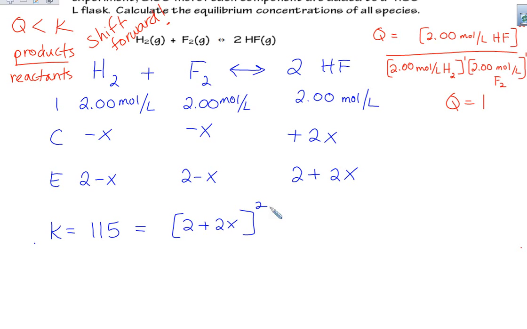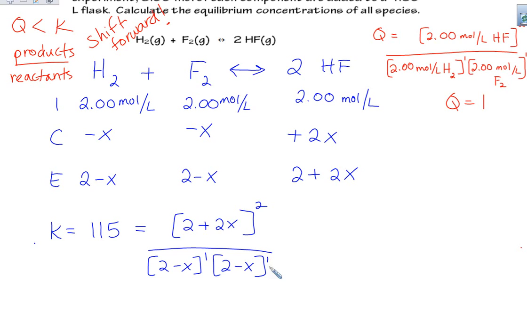I have to add 2x, plus I still need to square it when I set up my equilibrium expression. On the bottom then, we're going to have 2 minus x to the first and 2 minus x to the first. Which actually we could probably simplify this, huh?